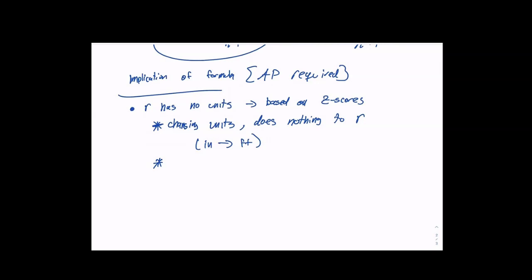That is the implication. So if you slapped units onto R, like meters per second or meters, that's wrong because R does not have units. Also, if you change the units of the variables, what happens to R? Nothing.